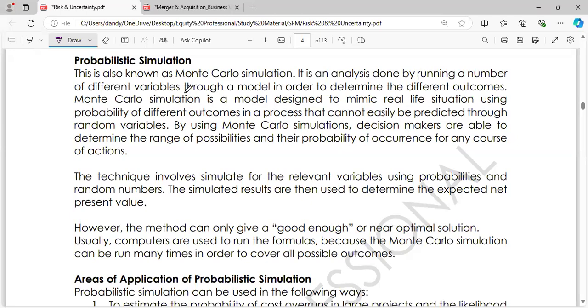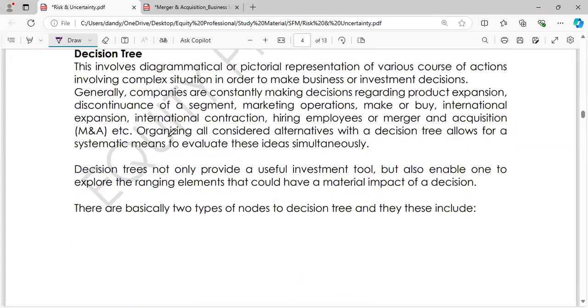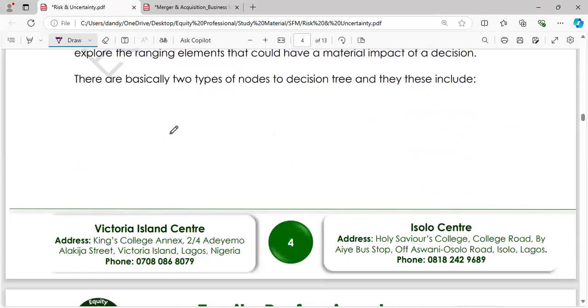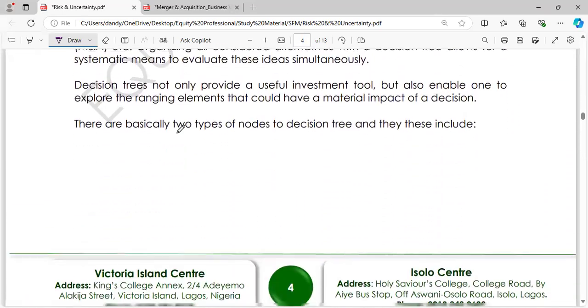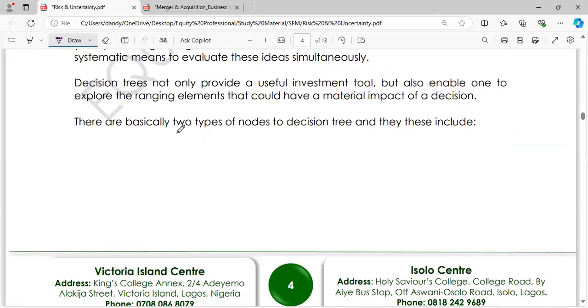Now, when you want to compute expected NPV using the simulation method, you need to first of all simulate for each variable of receipts and payments using the following format. Whenever you want to simulate, let me just show you. Simulating for cash flow.